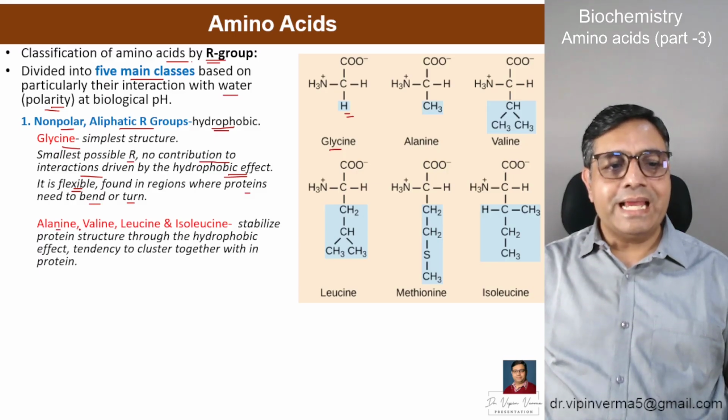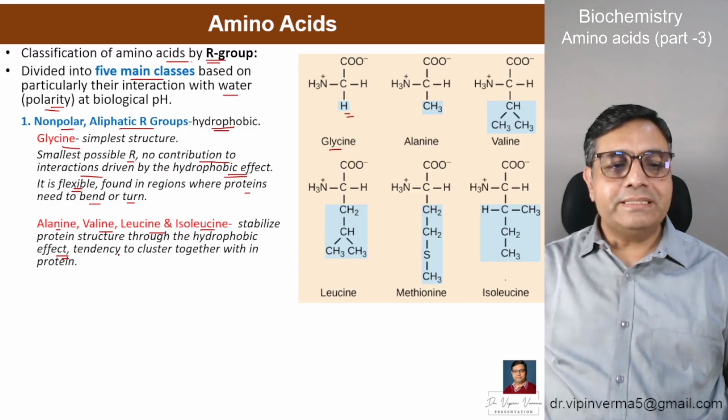Then come alanine, valine, leucine, and isoleucine. This is alanine, this is valine, this is leucine, this is isoleucine, and they have very aliphatic chains. Because of them, they are hydrophobic and they stabilize the protein structure through the hydrophobic effect.